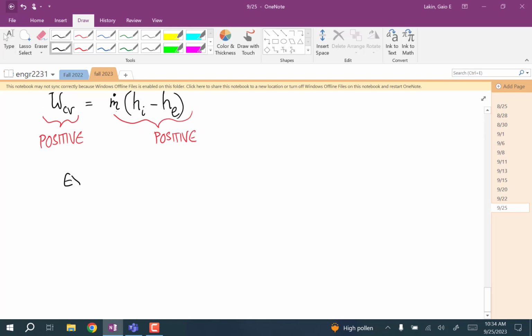Okay, so here's an example with a turbine. So let's say that we have steam. So we mean superheated steam. And the mass flow rate is 1.2 kilograms per second.